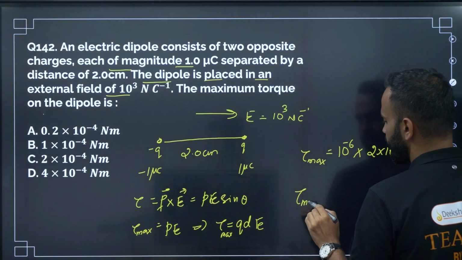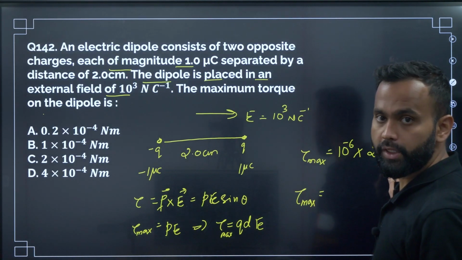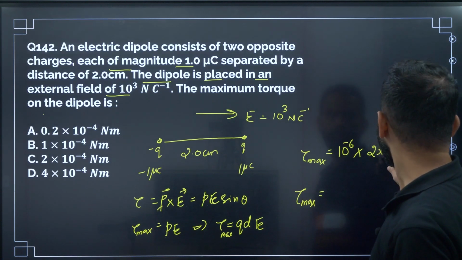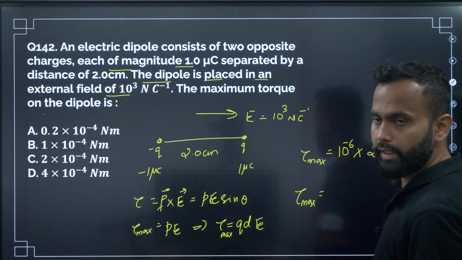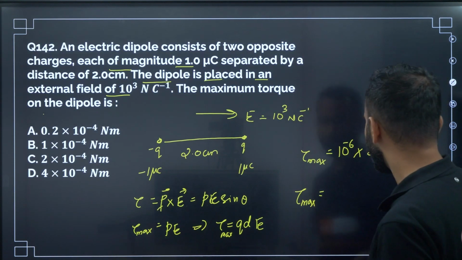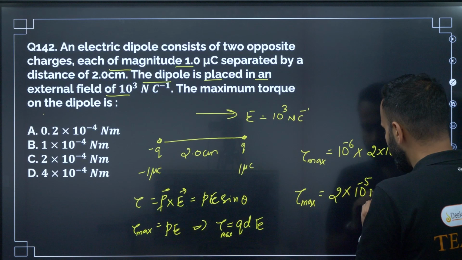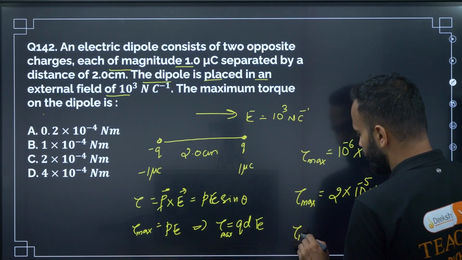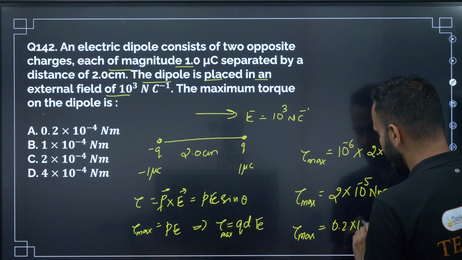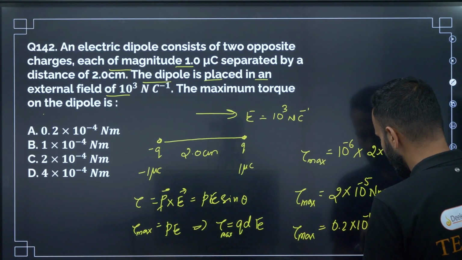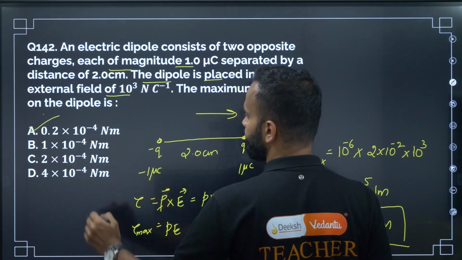So tau max is equal to 10 to the power minus 6 into 10 to the power minus 2, which is 10 to the power minus 8, into 10 to the power 3 is 10 to the power minus 5. So 2 into 10 to the power minus 5 Newton meter, that is 0.2 into 10 to the power minus 4 Newton meter. So the correct option is A.